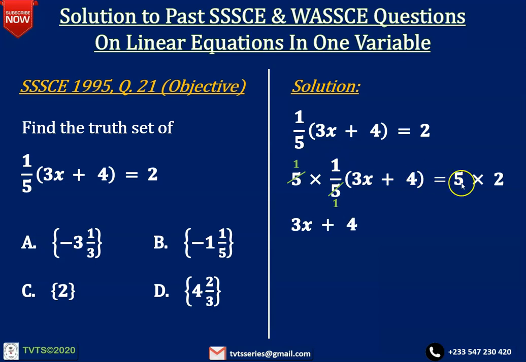On the right hand side, we have 5 times 2 to be 10. We now group like terms by subtracting 4 from both sides. So we have 3x on the left hand side and 10 minus 4 is 6 on the right hand side.